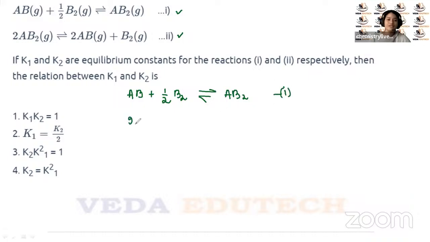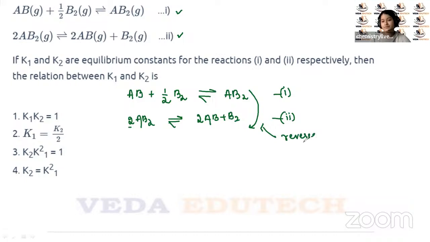Now the second equation is... if we ignore the coefficients, can I say that the second equation is the reverse of the first equation? If we reverse the first equation, we get the second equation, right?